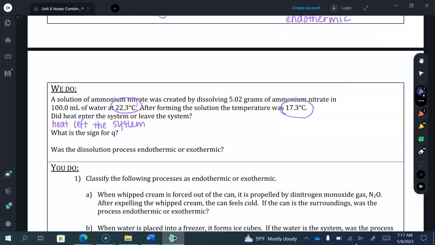So if heat or energy is leaving the system, that means the sign for Q, or heat, is negative, because the energy is leaving the system. And so is this dissolution process endothermic or exothermic? Well, energy is leaving the system, so it would be exo.